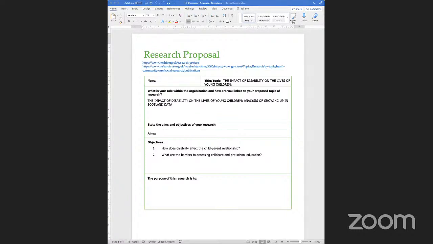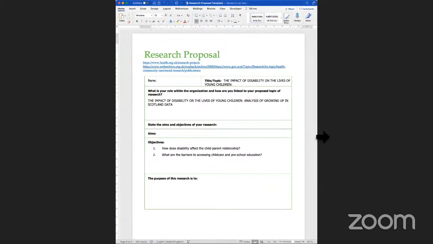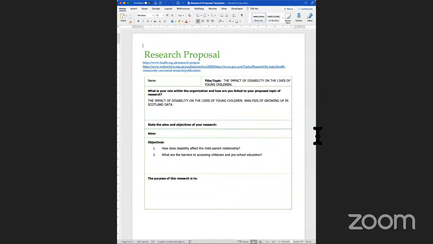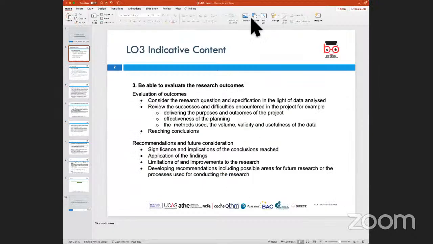Then we are going to look at picking out recommendations and areas where you put your own spin on it, and present them as a report from your perspective.